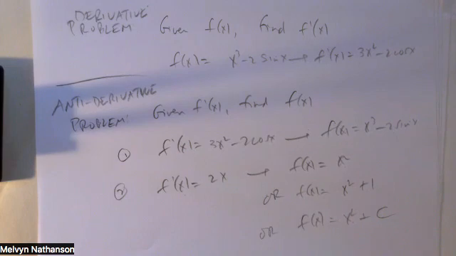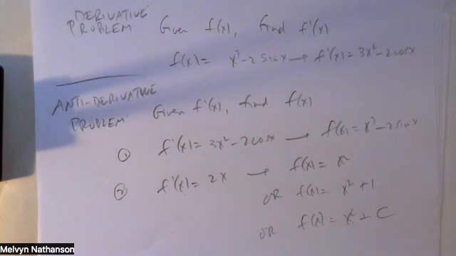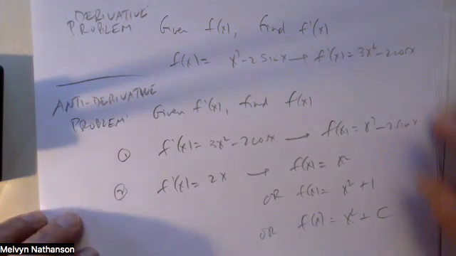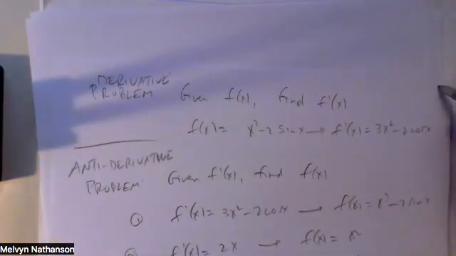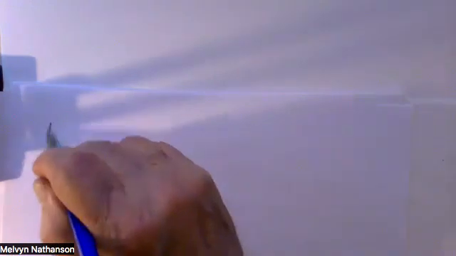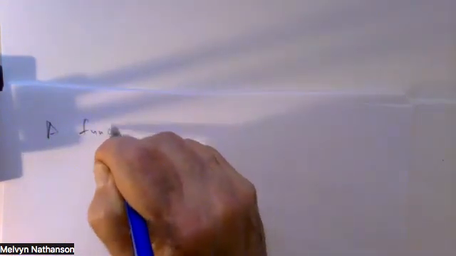So we have this ambiguity in the antiderivative problem. You can always add a constant to any solution of the antiderivative problem because the derivative of the constant is 0. So let me restate this a little bit. This is more of the notation which the text is using, but it's equivalent. This is the definition.